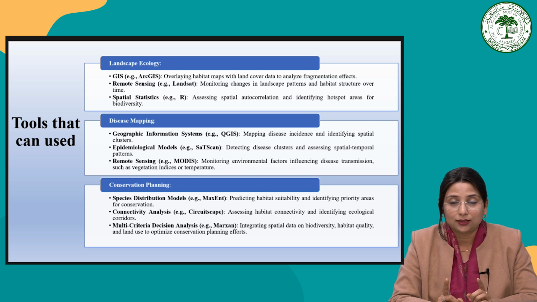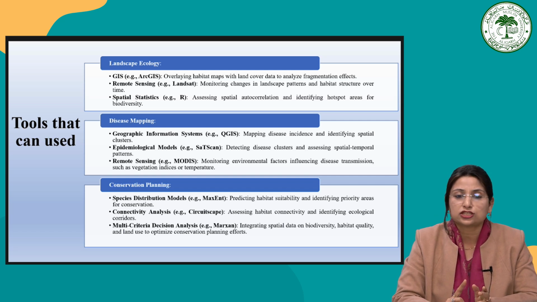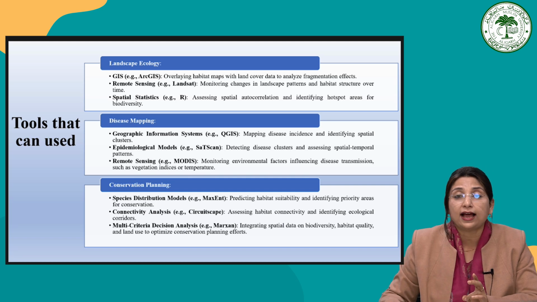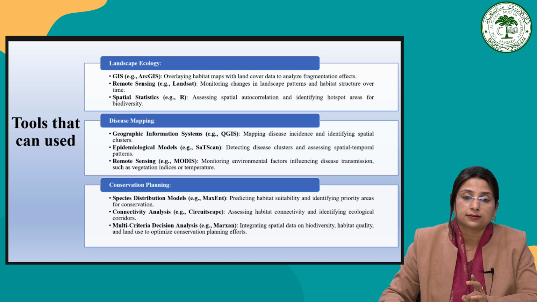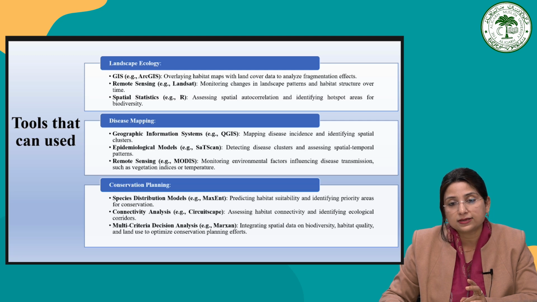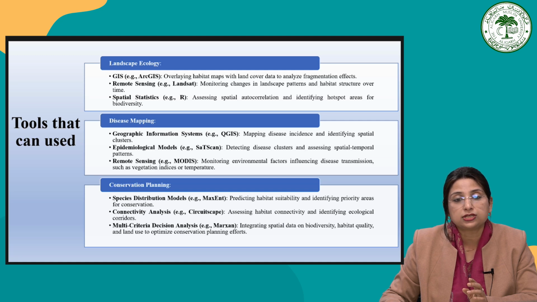So we have ArcGIS, QGIS, and we can even have the R software with various spatial packages, like spatial data handling packages, which are mainly used by researchers to read the spatial datasets in order to perform various geometric operations.